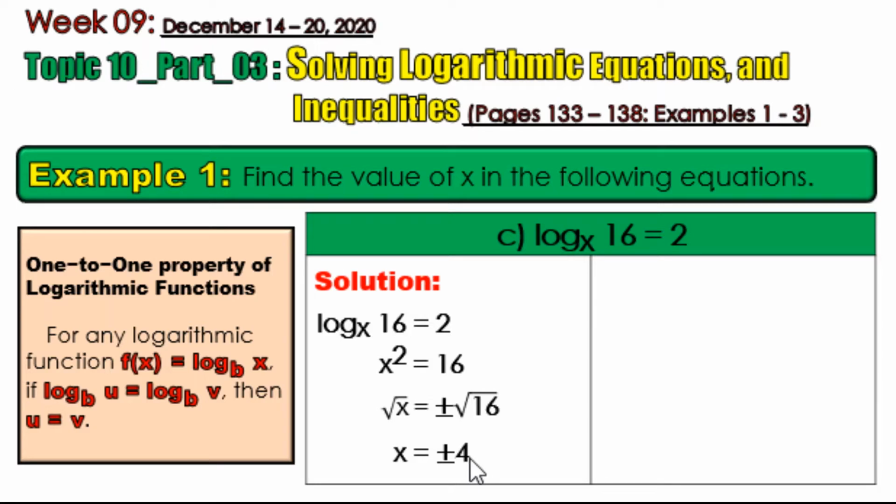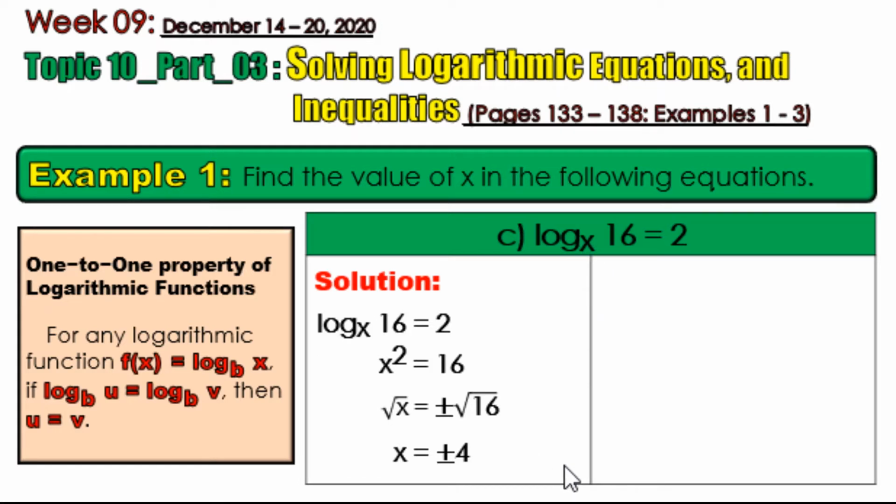But you have to remember that x is the base. According to the definition of the logarithm of a number to the base b, your b must be greater than 0 but not equal to 1. Since the values of x are positive and negative 4, our base can never be negative 4.